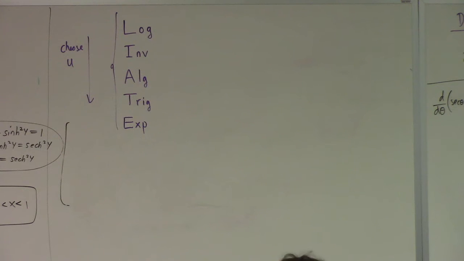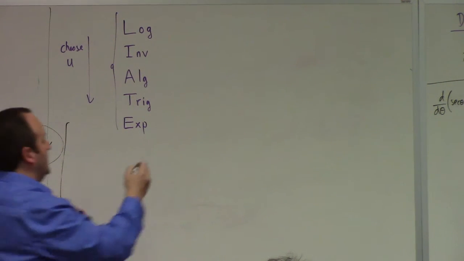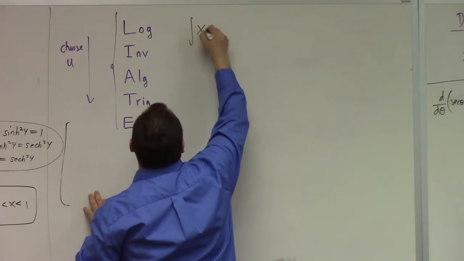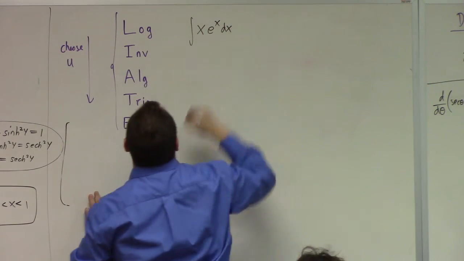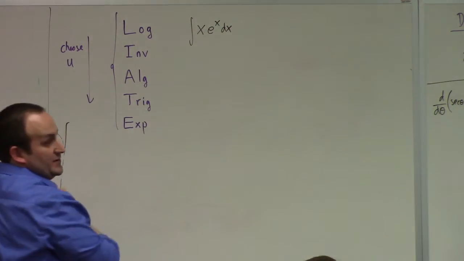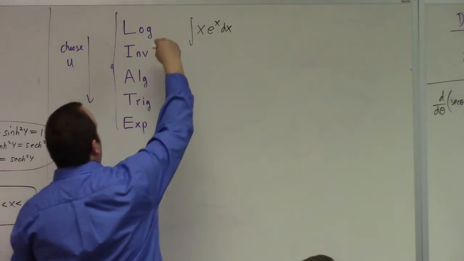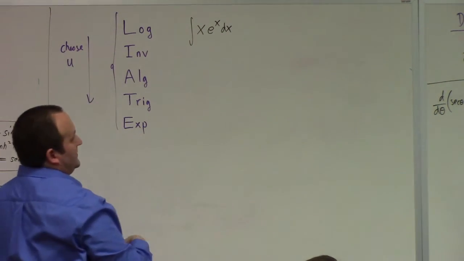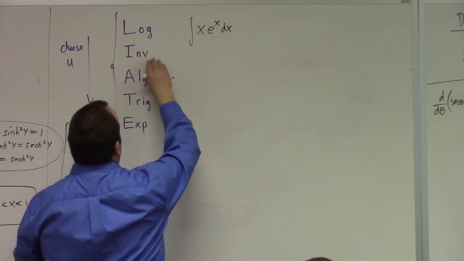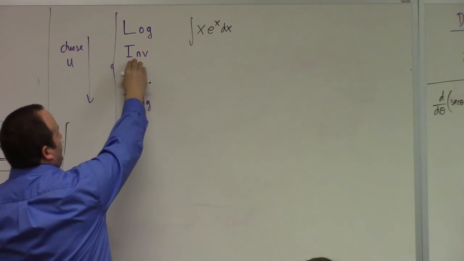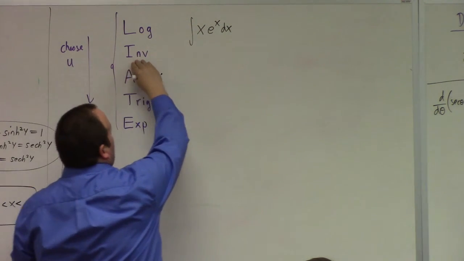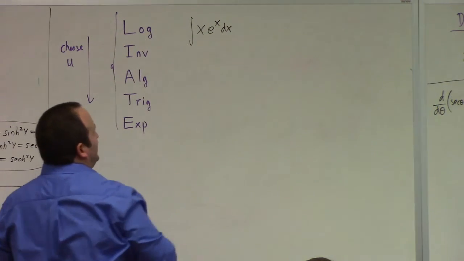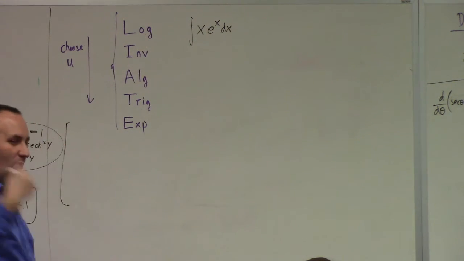So I look at this expression, the integral of x e to the x dx. I've got to choose u. All right, I go log. Is there a log here? Nah. Inverse. And see, this is where me being partly a mathematician is troublesome, because I see exponential and go, oh, exponential is the inverse function of log. But only I would think that.